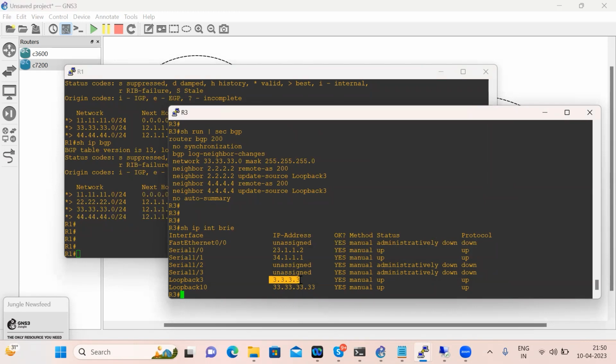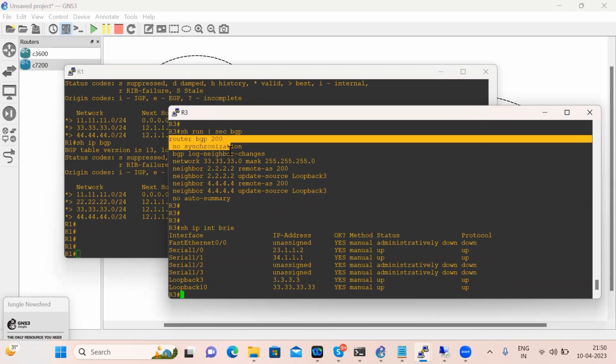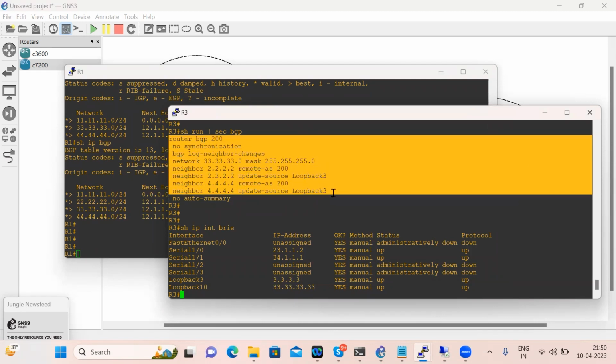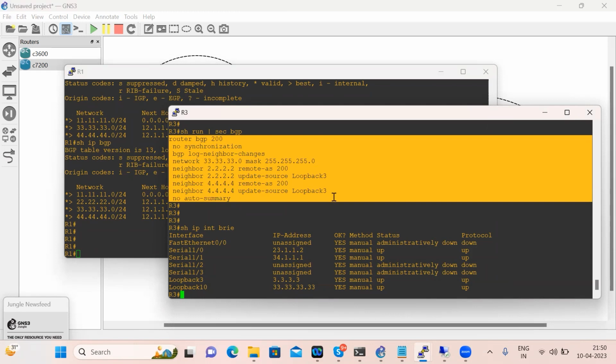We did not advertise the 3.3.3.3 network in BGP. Are you able to see any 3.3 over here? Sir, my question is: if we do network 3.3.3.3 in BGP 200, we will see it in router 1, right? Yes, once you advertise it in BGP, you can see the same network on router 1.